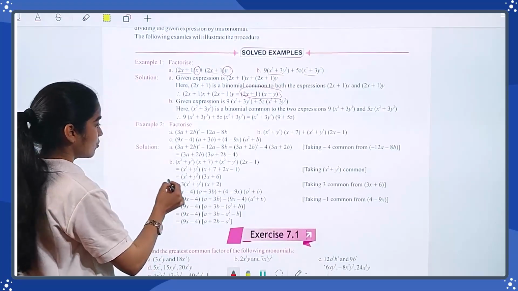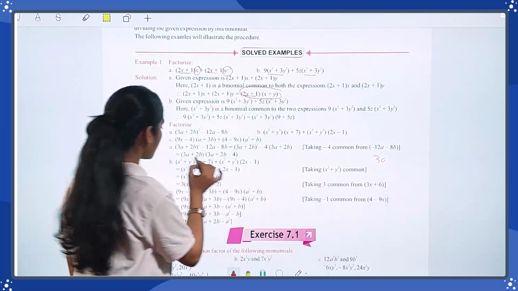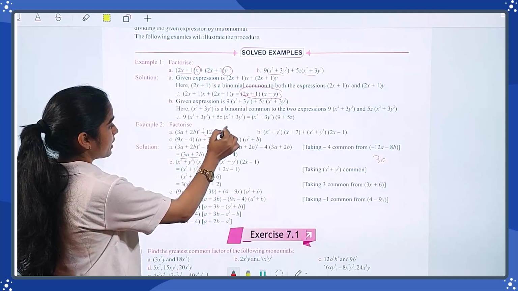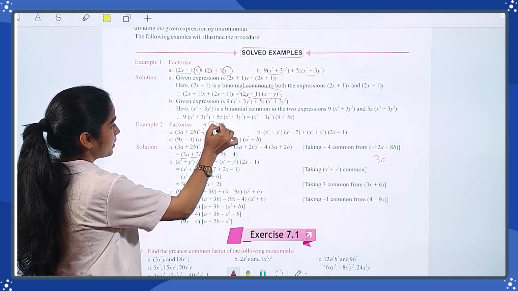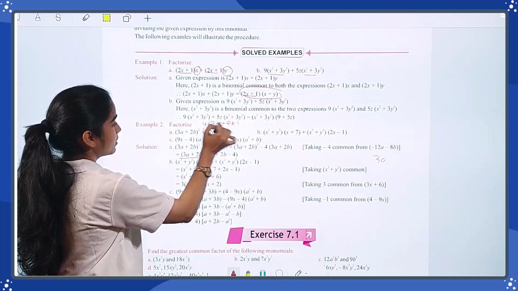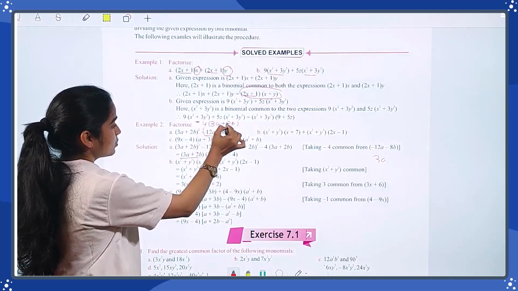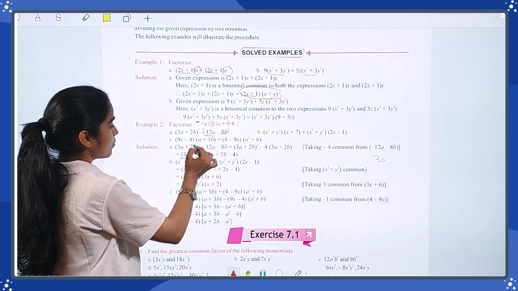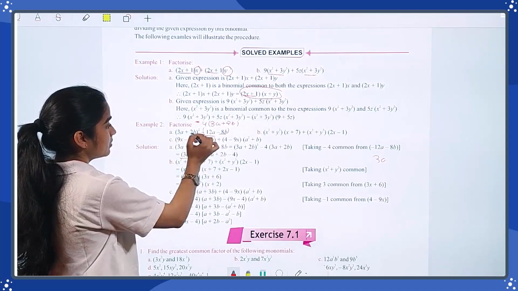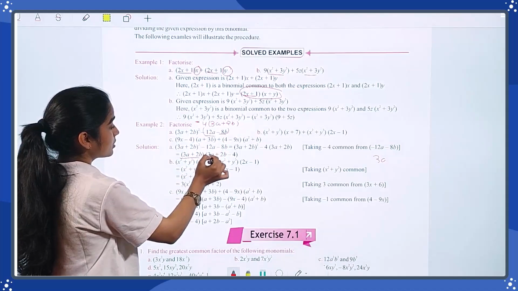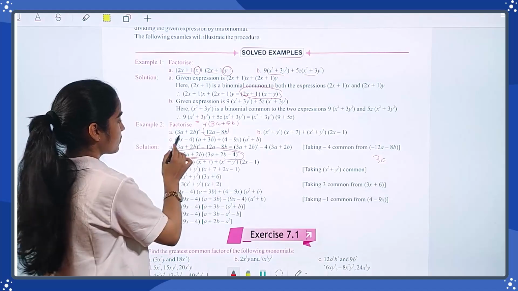So if I take 4 outside, I have 3a plus 2b minus 4, since 4 times 3 is 12a and 4 times 2 is minus 8b. So you have 3a plus 2b, 3a plus 2b, and 3a plus 2b minus 4. This is your final answer because we have a square here.